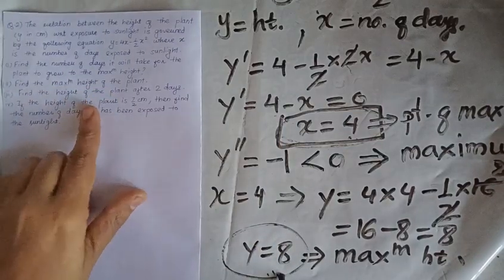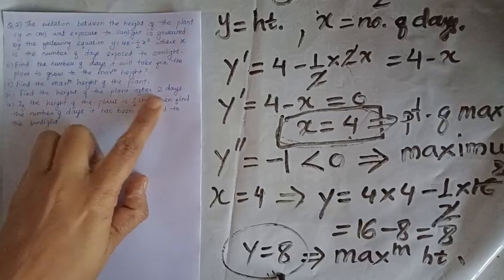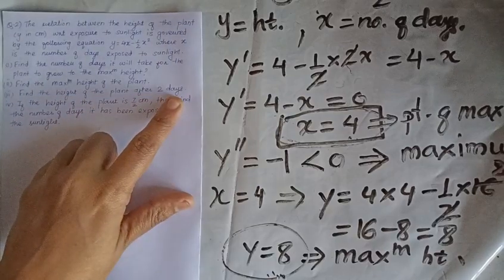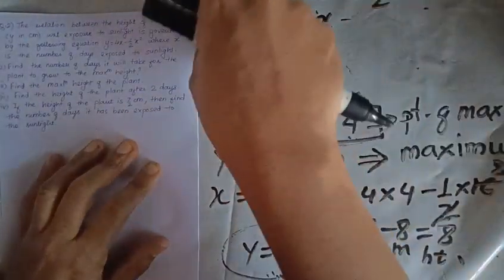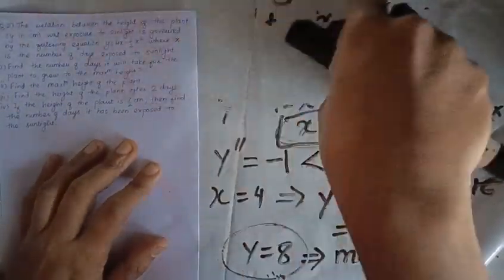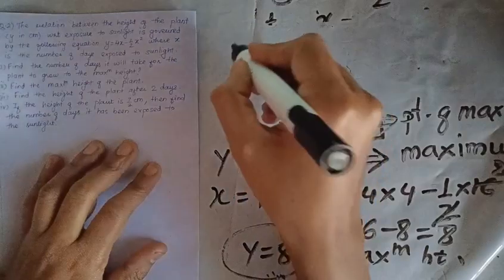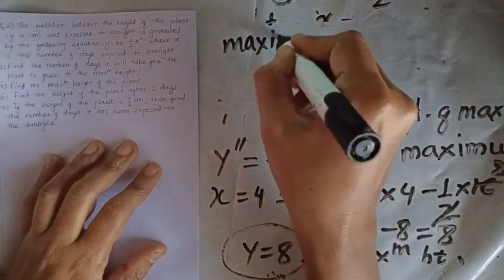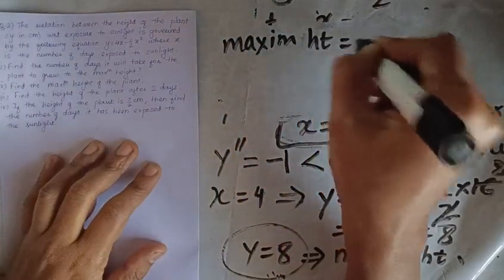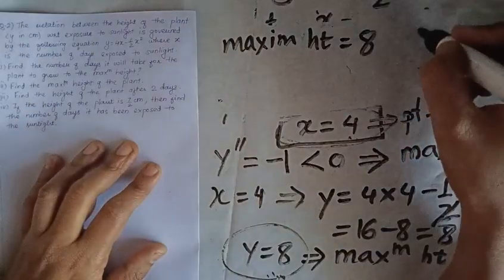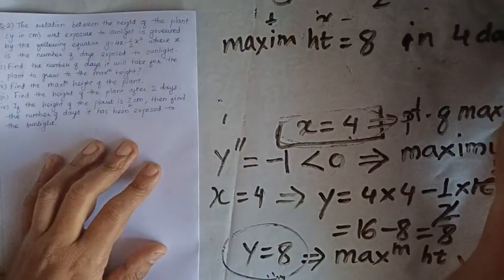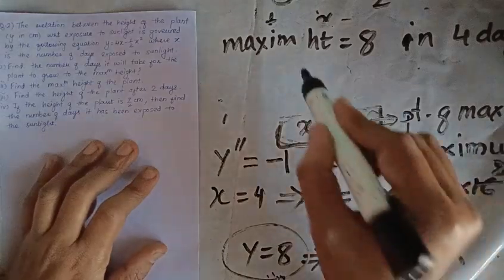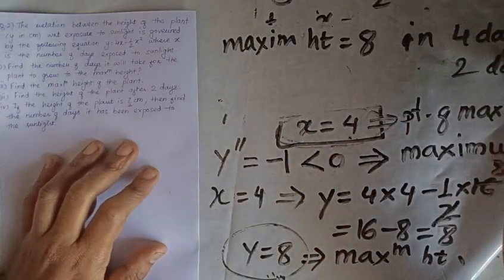Now find the height of the plant after 2 days. Now they have given that the maximum height is 8 and it is reached in 4 days. So what will be the height in 2 days?